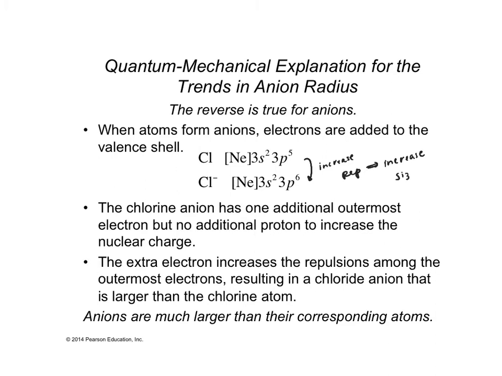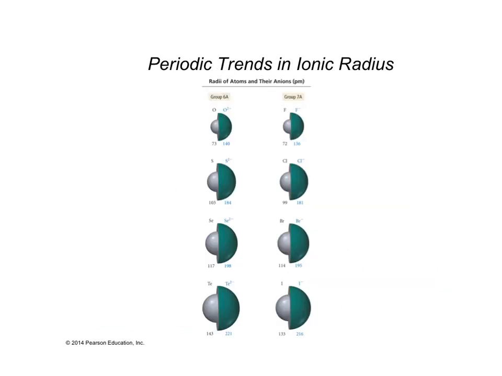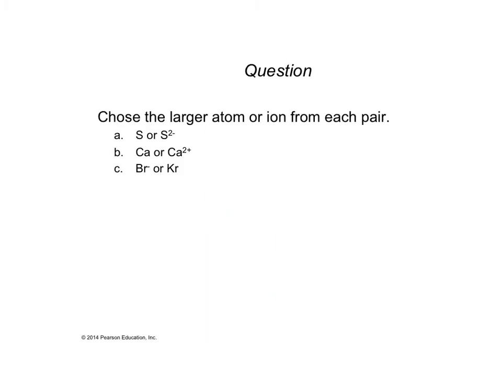We're just going to see an increase in radius, an increase in size due to increased repulsion by adding more electrons. So the big trend with respect to anions is that they are going to be larger than their corresponding neutral atoms. And again, we can show that. When we compare oxygen versus oxygen 2 minus, the neutral atom is smaller than the corresponding anion that is formed. Again, that's a trend that you should be aware of.